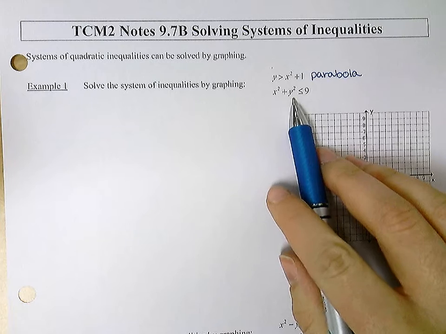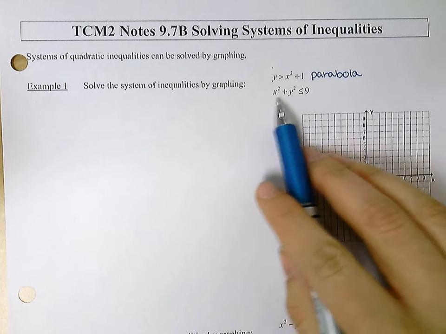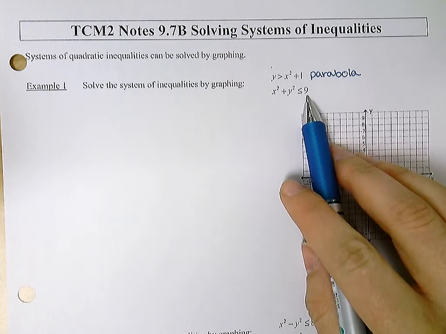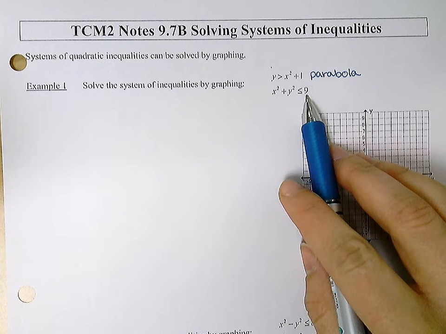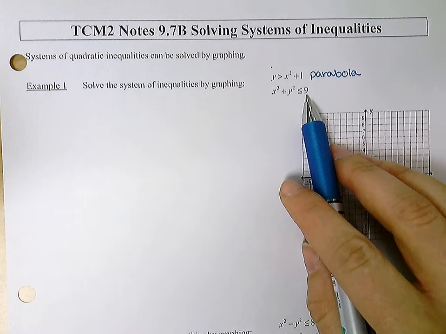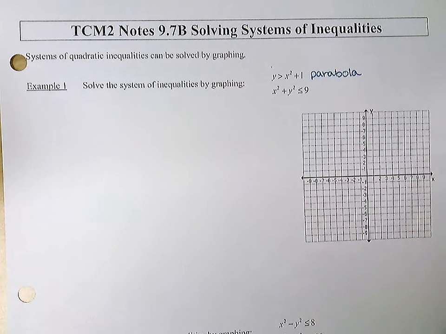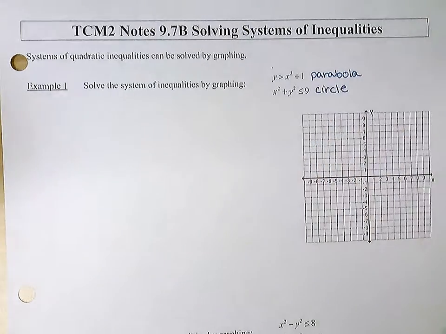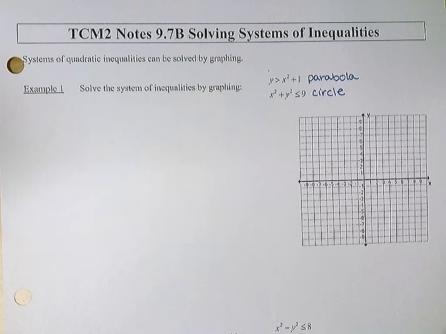The second one, both of those values are squared, and I have a value off to the right. What type of equation do you think that is? It's a circle. Okay, so that second one is a circle.